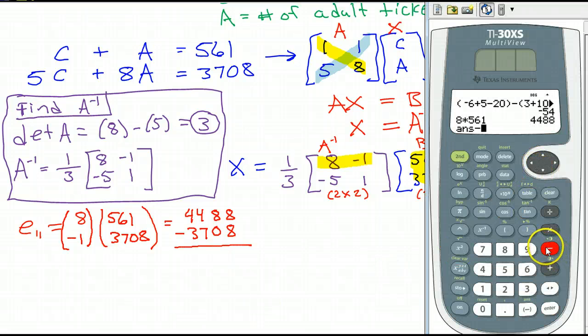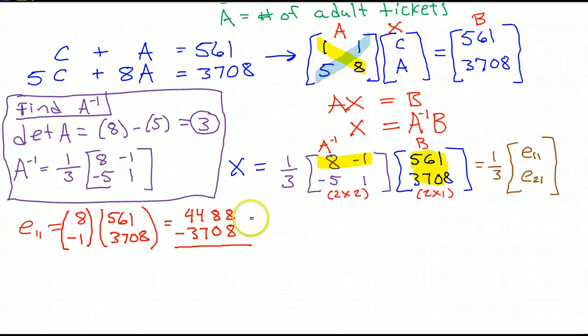I can just go minus 3,708, and it remembers the last number was this. So I'm getting 780. Okay, so that is element 1, 1.